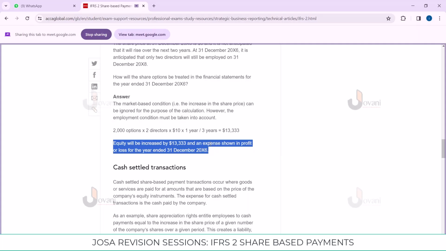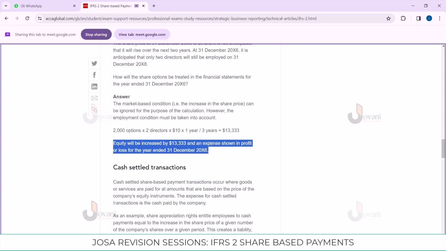Okay, we go to the second type of share-based payments, cash settled. We said you offer your services, then we tell you we shall give you money, but using the fair value of the equity instruments at that date, at the exercise or vesting date.